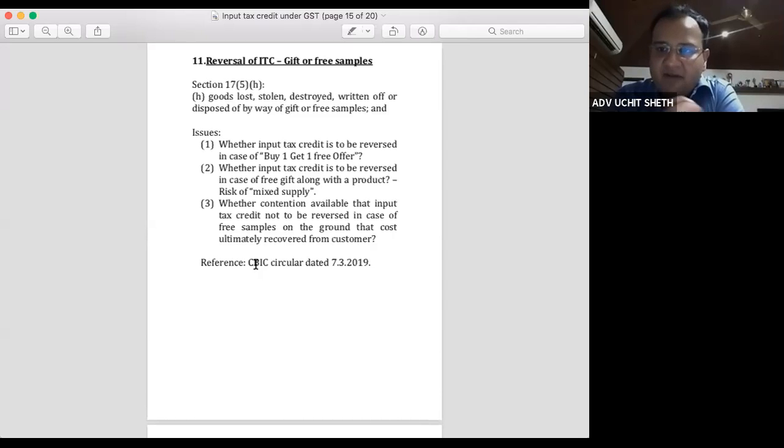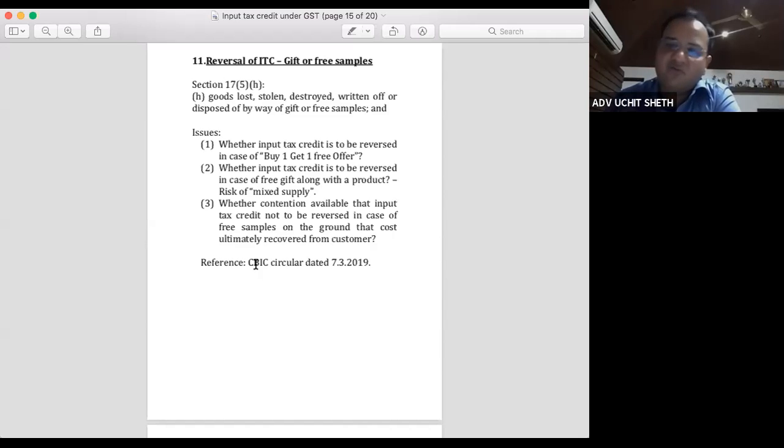In case of a buy one get one free offer, I do not intend to give anything free. It is buy one get one free, but in substance, I am selling both the commodities. In case of free samples, I intend to give the samples free of cost, merely because subsequently I am able to recover the price of the samples by charging the customer when he places the order.